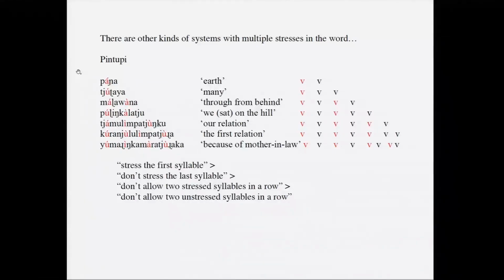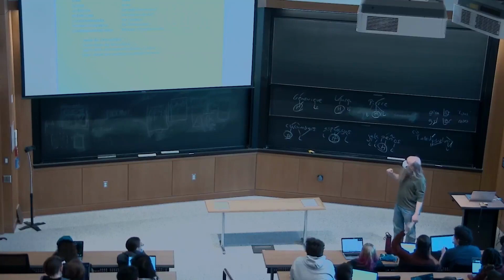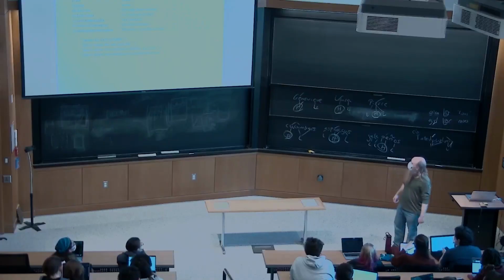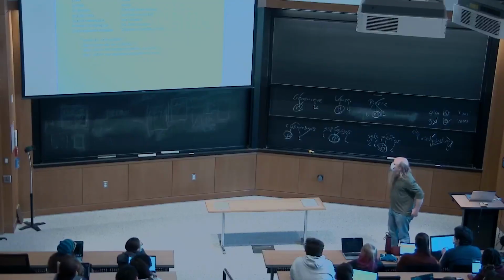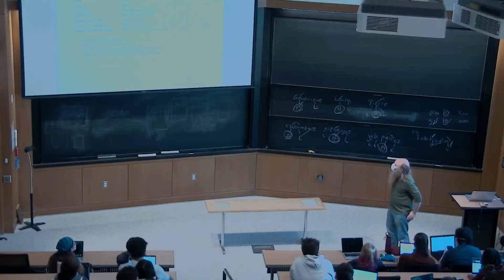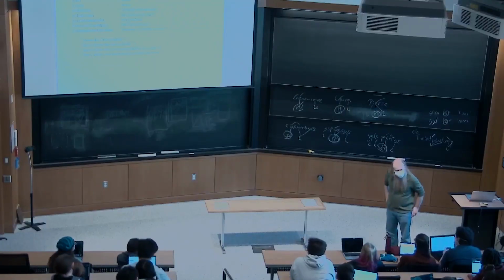Yeah? How come we go through these 4 different rules as opposed to just declaring stress every other syllable? Stress every other syllable starting from the left edge, yeah. Why am I trying to decompose this into constraints like this? I guess, in part, it's an attempt to constrain the kinds of stress systems that we could find, right?